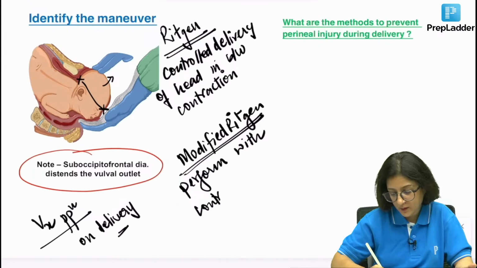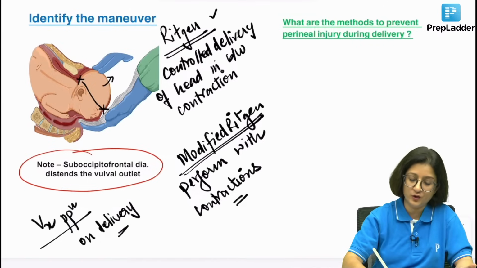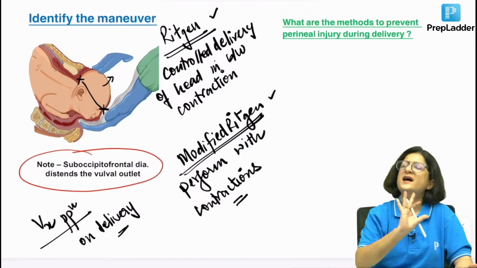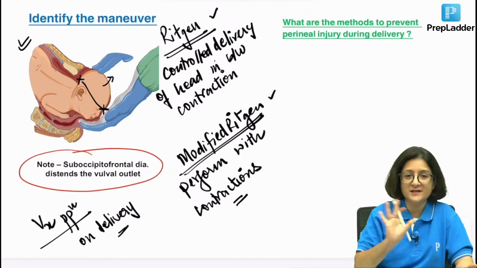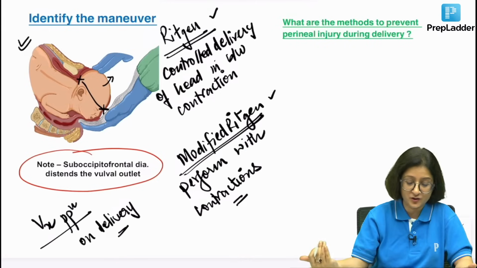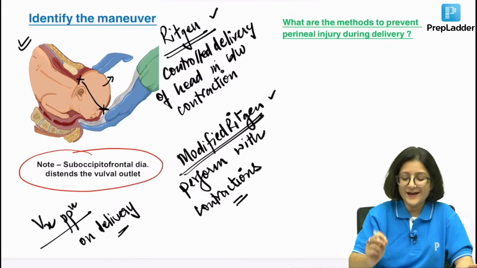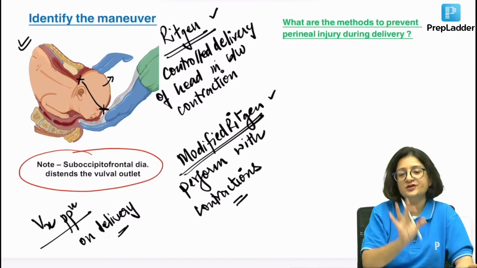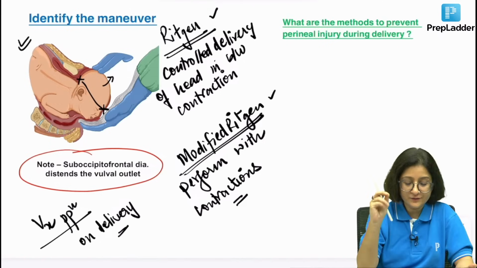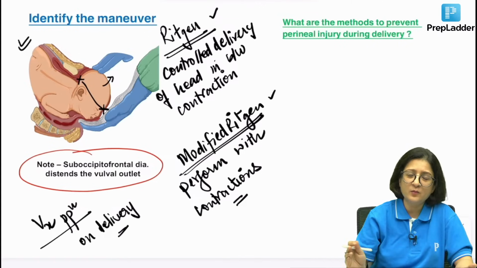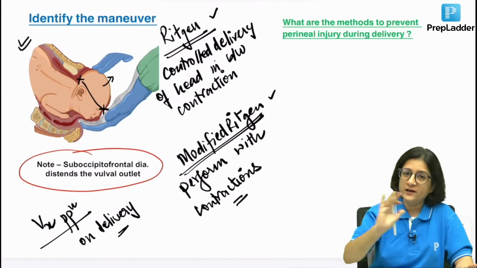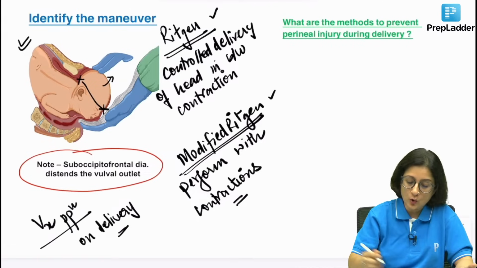That is the only difference. So original Ritgen and modified Ritgen. Just an extra bit of information, don't worry too much. If it is just an image based question, they won't mention the two things together. But yes, what you should know is originally Ritgen said controlled delivery in between contractions, and modified Ritgen says that we can do this maneuver with contractions also.